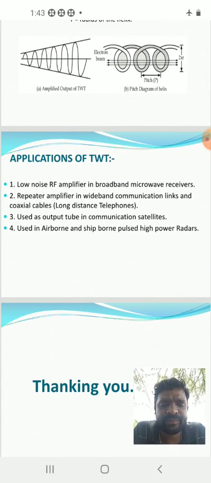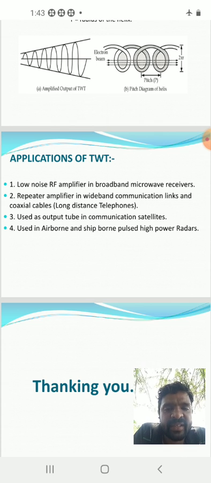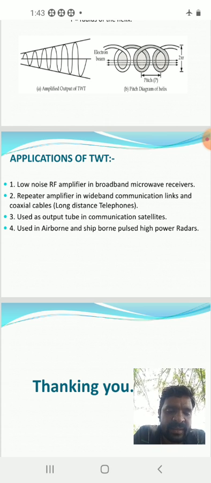Applications of the traveling wave tube: it is mainly used as a low noise RF amplifier in broadband microwave receivers, as a repeater amplifier in wideband communication links and coaxial cables for long distance telephones, as the output stage of communication satellites, and in airborne and shipborne pulsed high power radars.